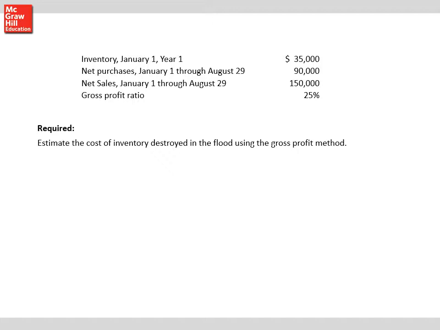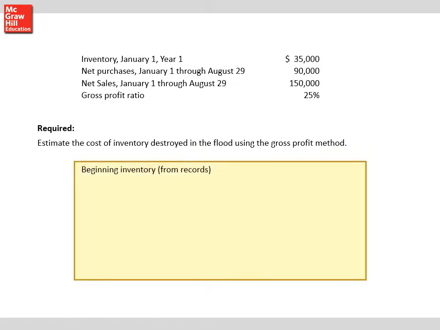So when you have certain information, such as the beginning inventory and what it cost, $35,000, and all the purchases for their cost from beginning of the year through the date of the event, you can then determine everything you could have sold. $125,000 of goods that cost $125,000.